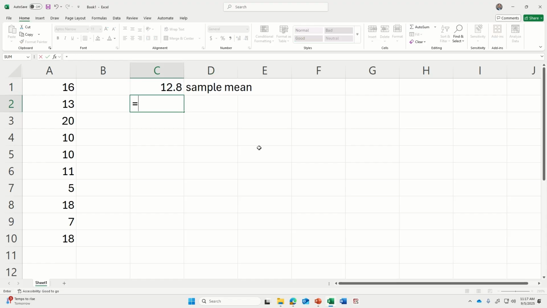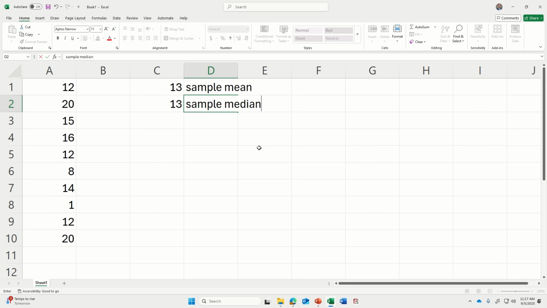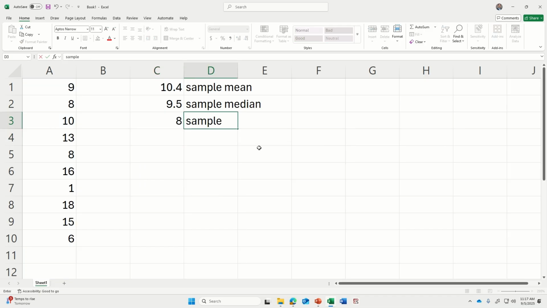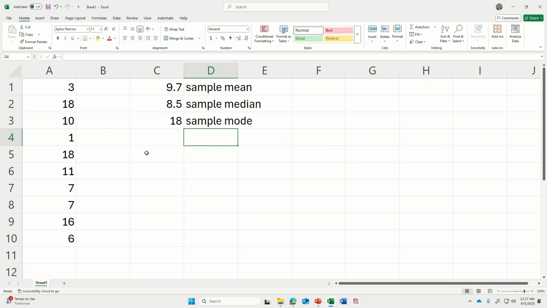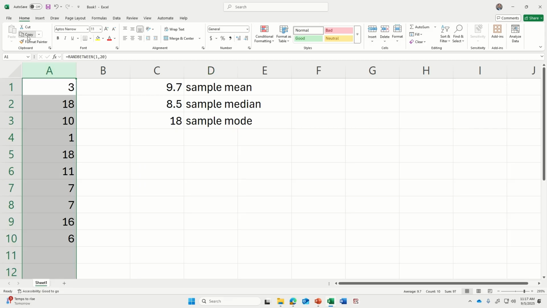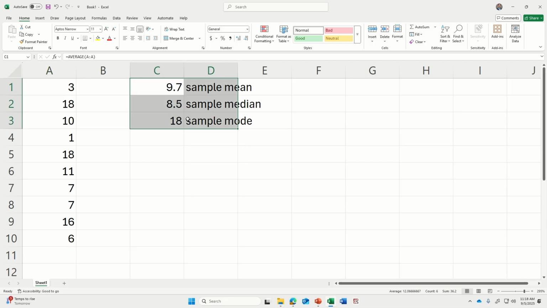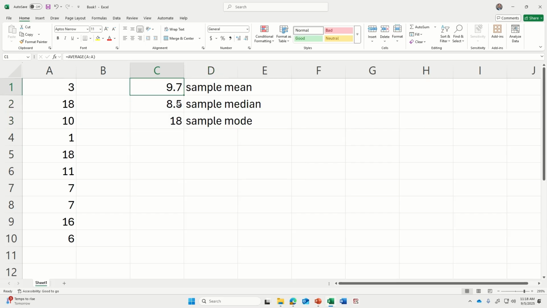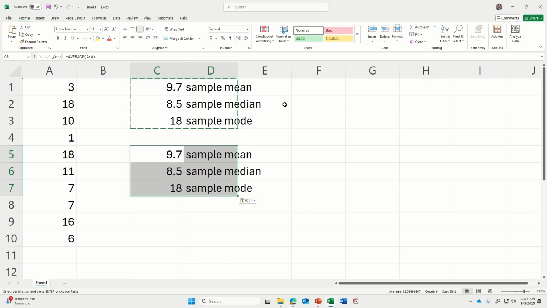If I want to know what the sample median is, there's my sample median. And if I want to know what the sample mode is, there's my sample mode. Okay, now this is before outliers. Hold on, I'm trying to copy paste. Copy paste, okay.